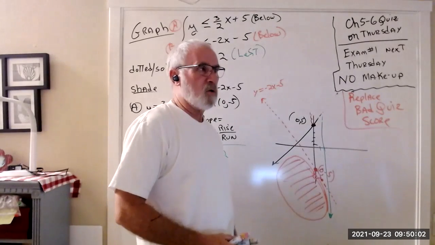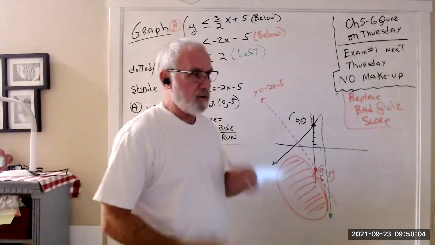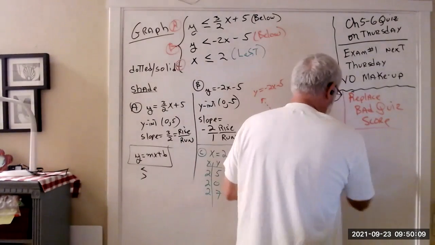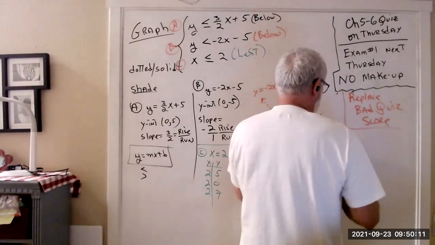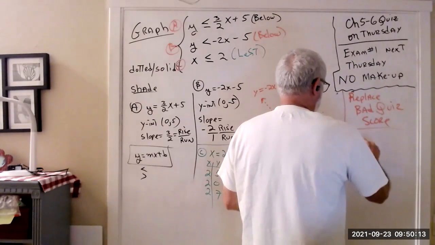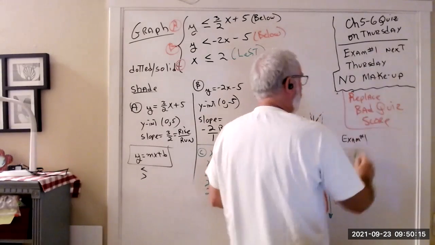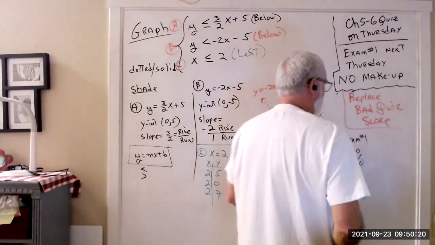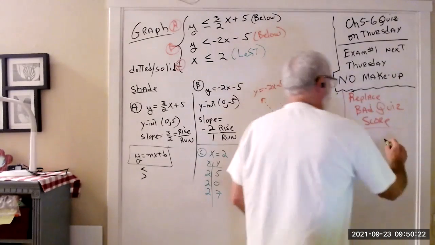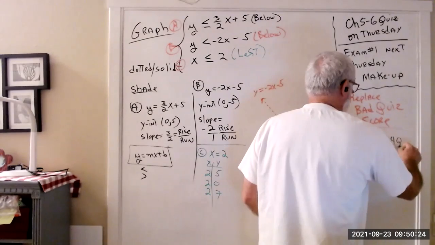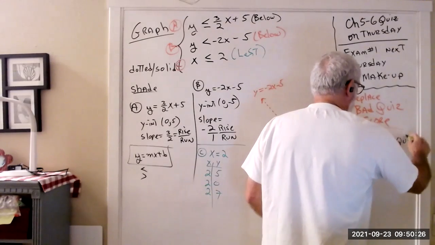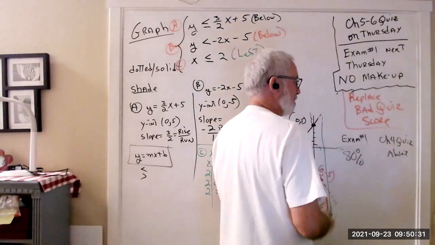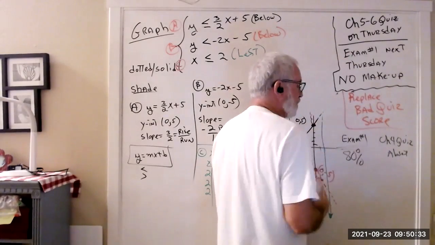Okay, so you got a 0. Let's say you get 80% on exam number 1 next Thursday, let's just take easy numbers, which is a B. But the chapter 4 quiz, for some reason, you were absent. Well, that means you get a 0.